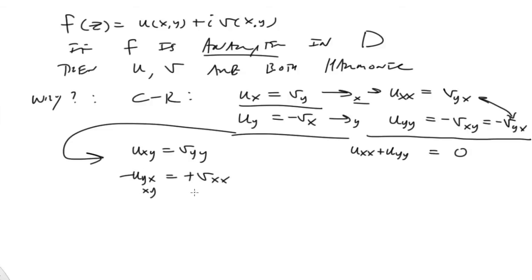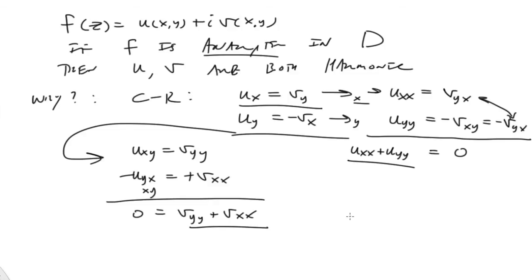I can turn that into an xy mixed partial derivative. And again, I add them up, and I get 0 is equal to Vyy plus Vxx. So both u and v are solutions to Laplace's equation. Great. So let's go through some examples of what we can do here.